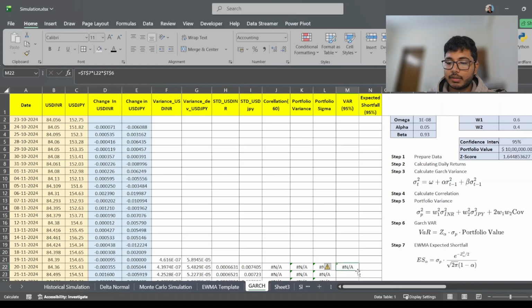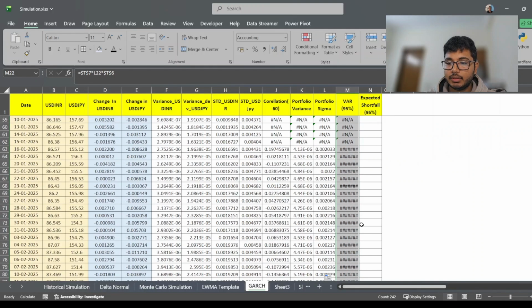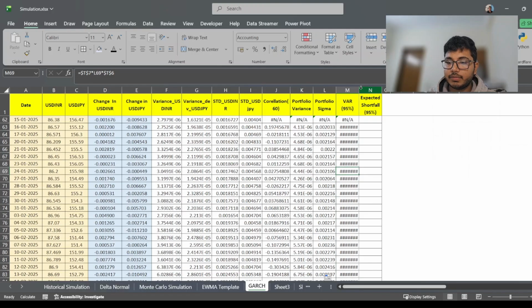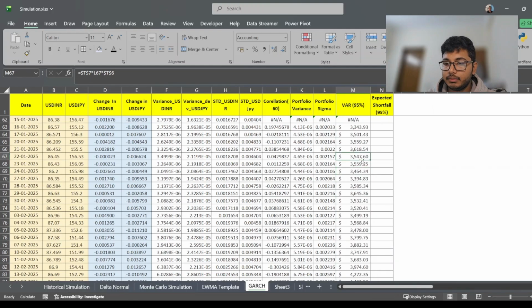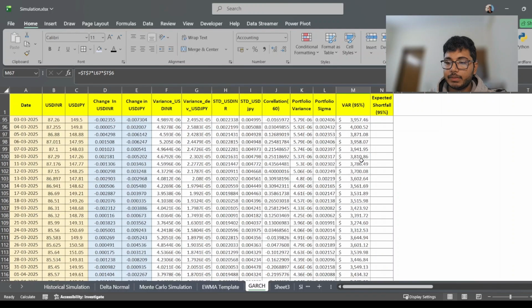Of 95% confidence interval, we again can drag this formula here. So it will start giving us values from day 60 onwards. Start getting values.